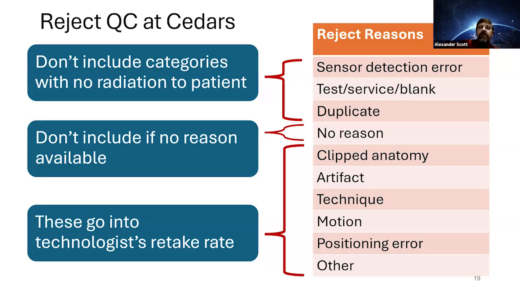All right, that's not really helpful, because then people argue about things like motion. Well, it's not my fault the patient moved. Of course, and we're not trying to assign blame or fault. But what we are looking at is that a patient received a double dose of radiation, and that counts as part of the reject rates.